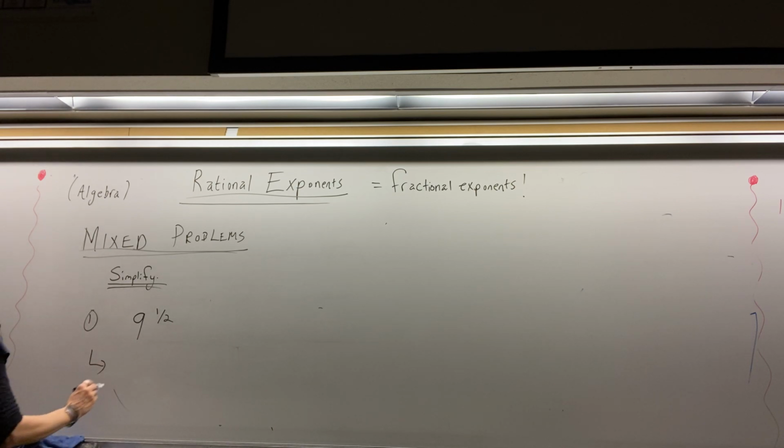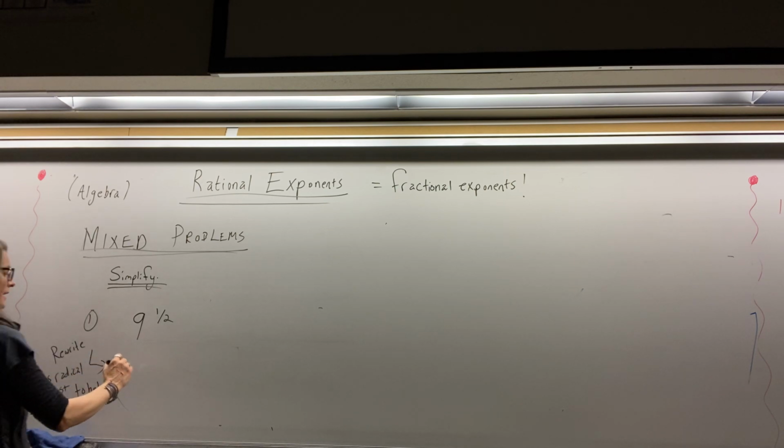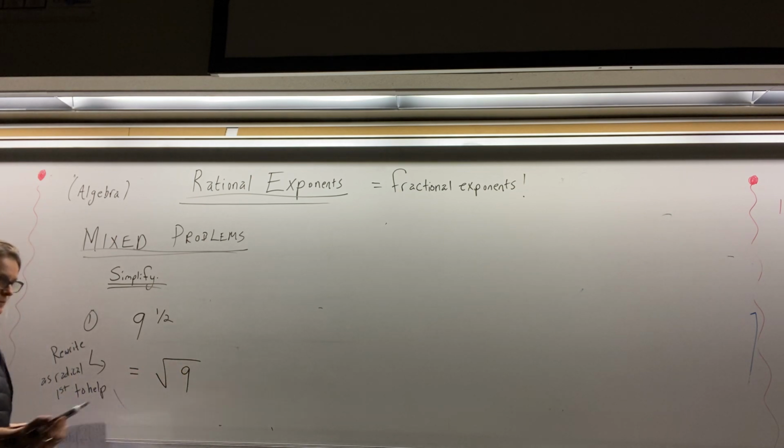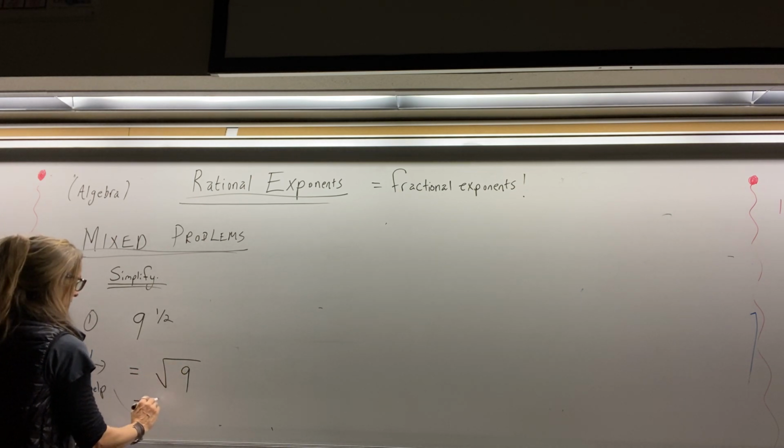So if we rewrite this as a radical first, it might prove to be more helpful. Okay, so we're going to rewrite this as a radical first to help us. And this is the same thing as saying the square root of 9, which we recognize to be 3.